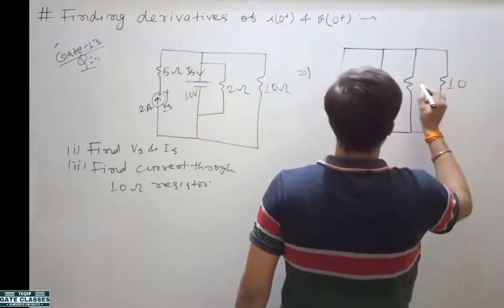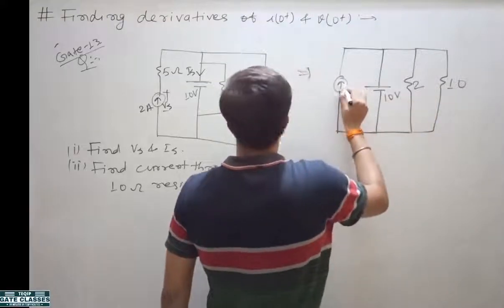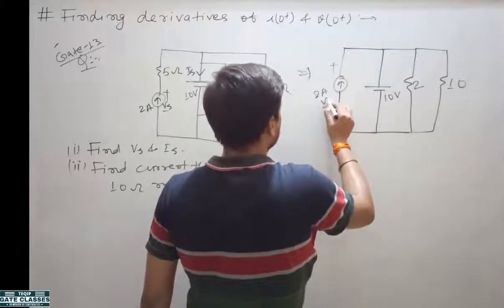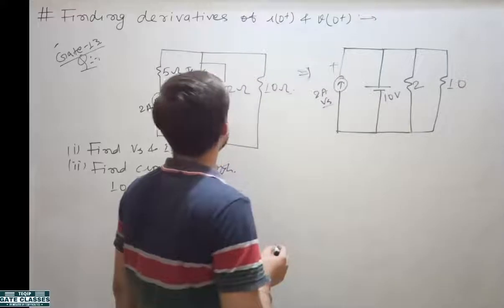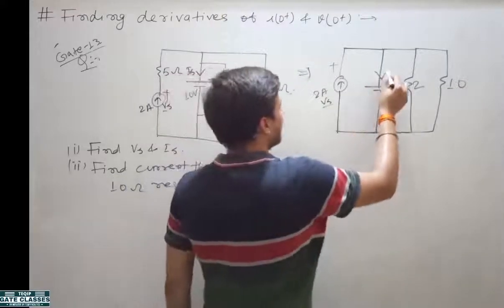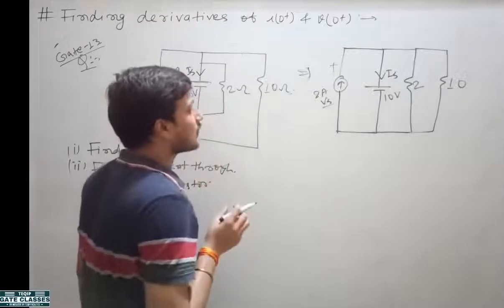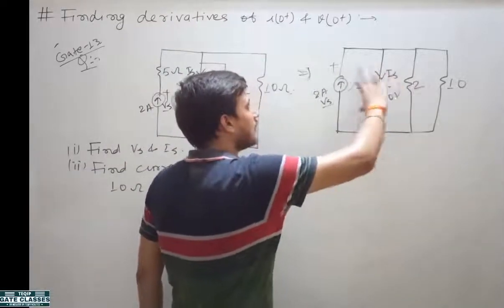10 volt. Here it is 2 ampere plus minus Vs. So now we have to write the value of Is. How do you write the value of Is? See, this 10 volt battery is connected across all the branches.